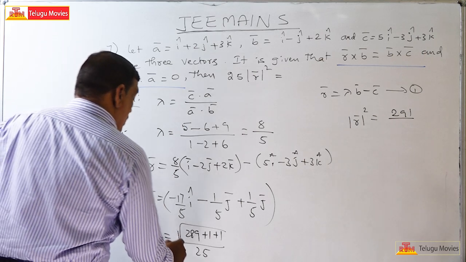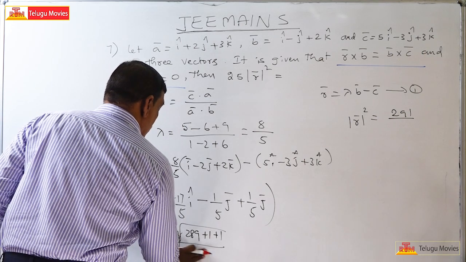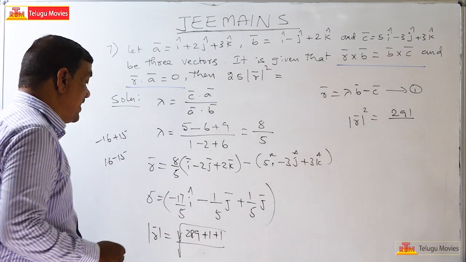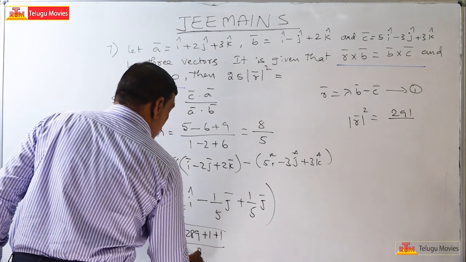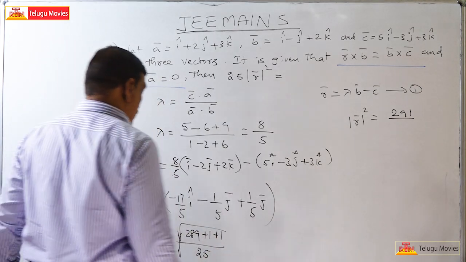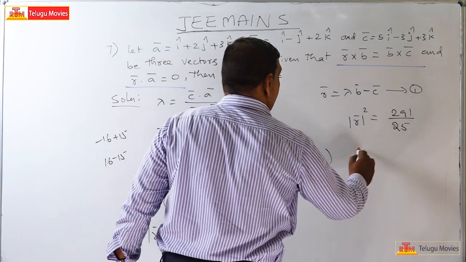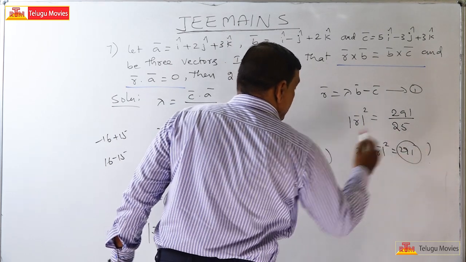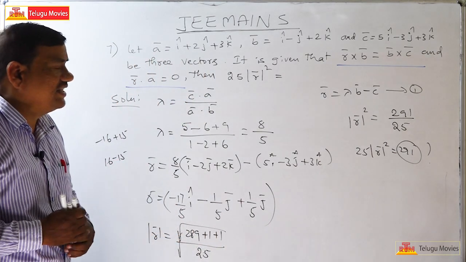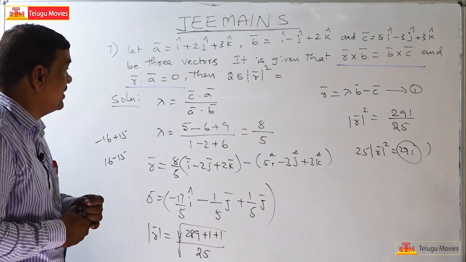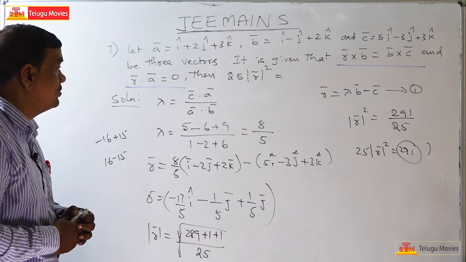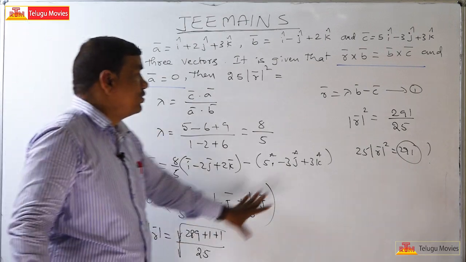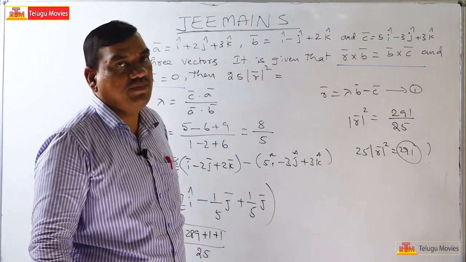Of course this is root of A square plus B square plus C square by 25. So 25 modulus of R square is equal to 291. Let us check this value, 291 or 339, something like 339 is also coming. So once you check, therefore 25 modulus of R square is equal to this. So this is the procedure of solving the problem. Okay now.